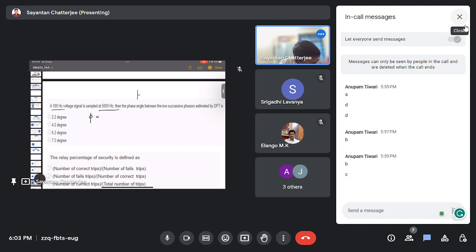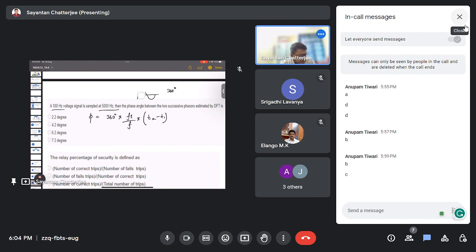A full cycle is 360 degrees. So 360 into sampling frequency by the frequency of operation, for two successive phasors, T2 minus T1. What is T2 minus T1?